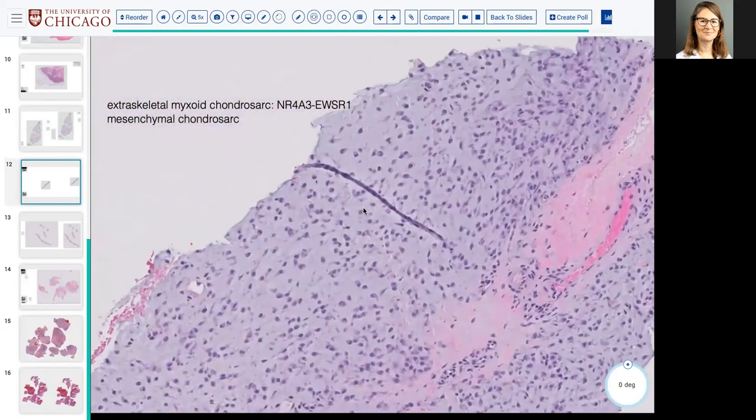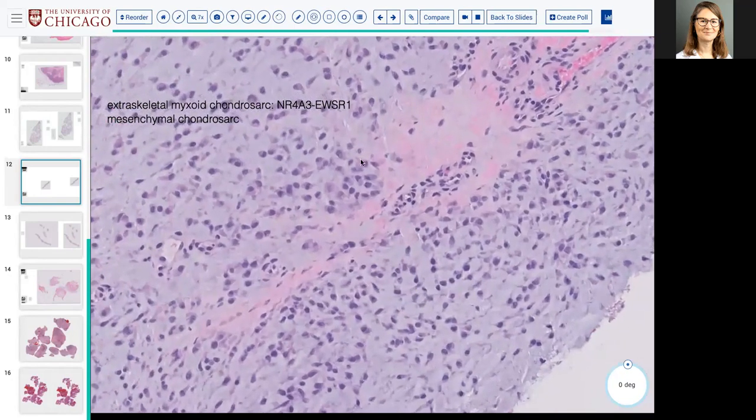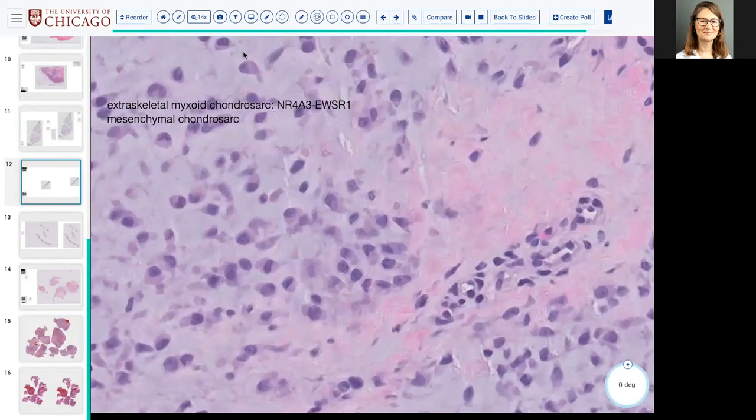The two key things you might think about morphologically, besides extraskeletal myxoid chondrosarcoma, to me, look nearly identical to myoepitheliomas. So to me, the main differential diagnosis here is a myoepithelial tumor versus a chondrosarcoma.